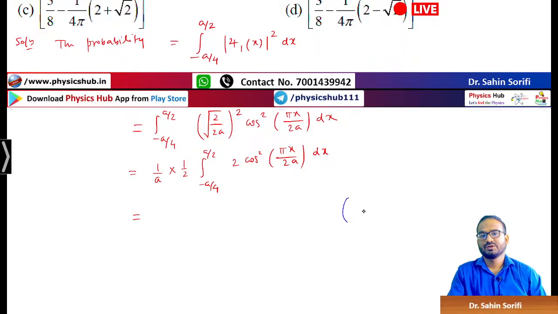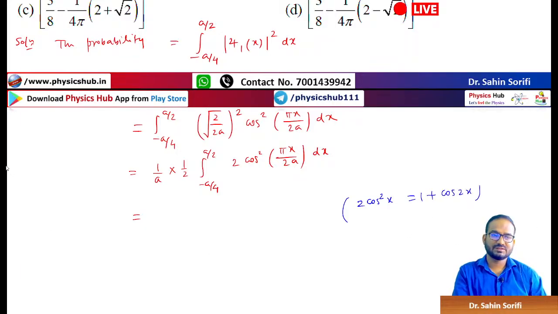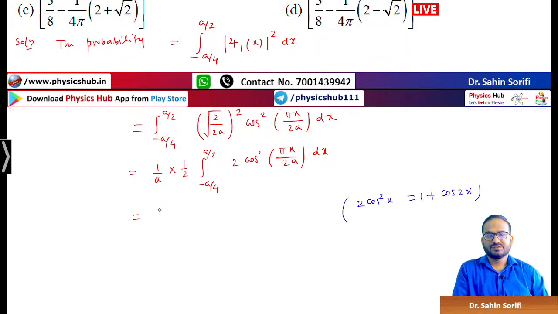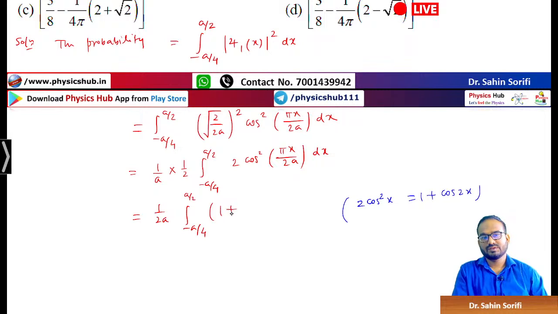You know, 2 cos square x is equal to 1 plus cos 2x, or you can also write it in terms of theta. So this is 1 by 2a, integral from minus a by 4 to plus a by 2, of 1 plus cos 2 pi x by 2a, dx.